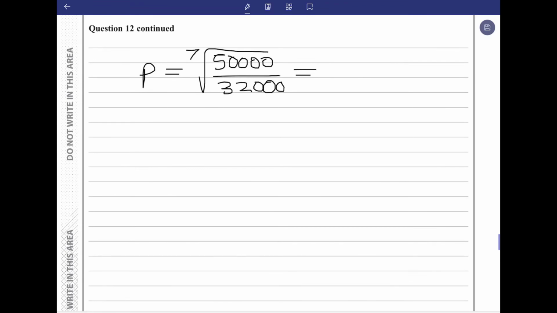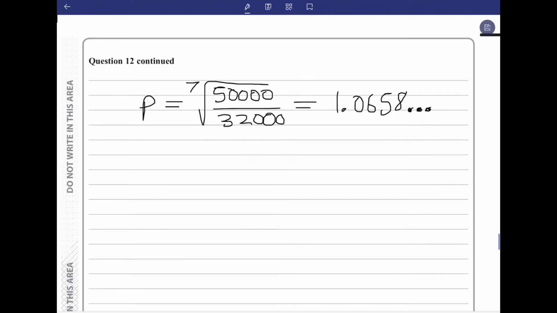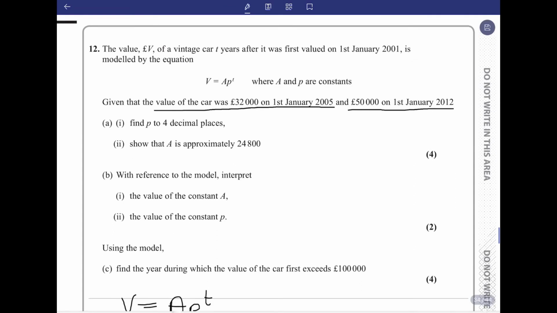And this gives us the answer 1.0658 and so on. But we're not too bothered about the numbers after. So that's our P. Right. So that's a nice couple of marks there. Well, it actually said find P to 4 decimal places, so that's what we've done.